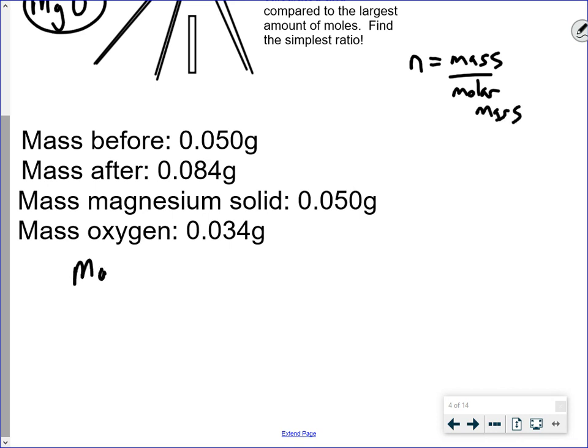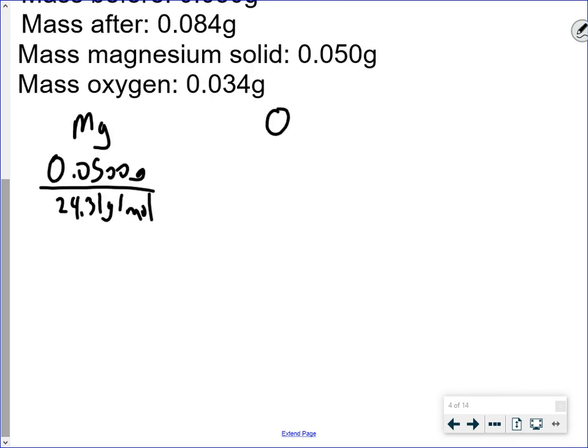Magnesium is 0.0500 grams, and magnesium's molar mass is 24.31 grams per mole. That gets me the moles: 0.05 divided by 24.31. I'm going to write out just about all of that number. It's a bit of a pain, but oh well.